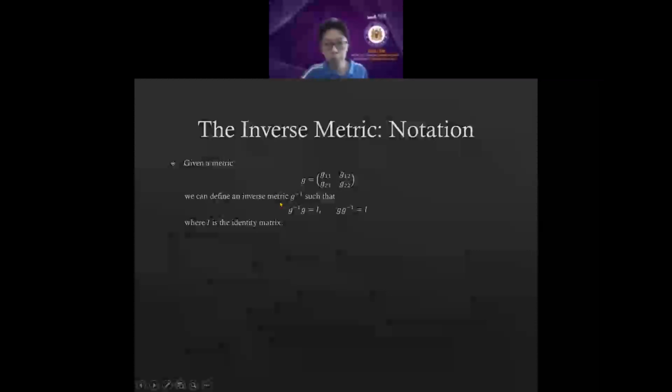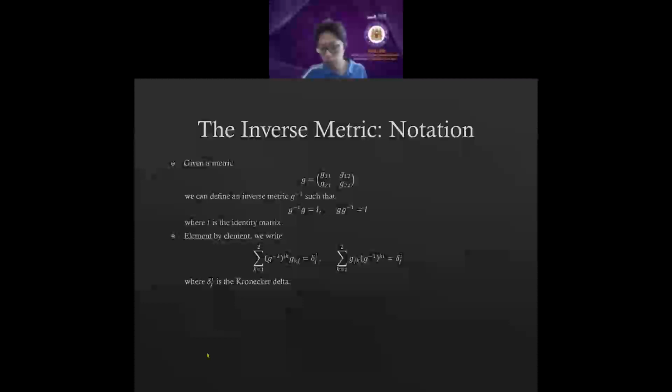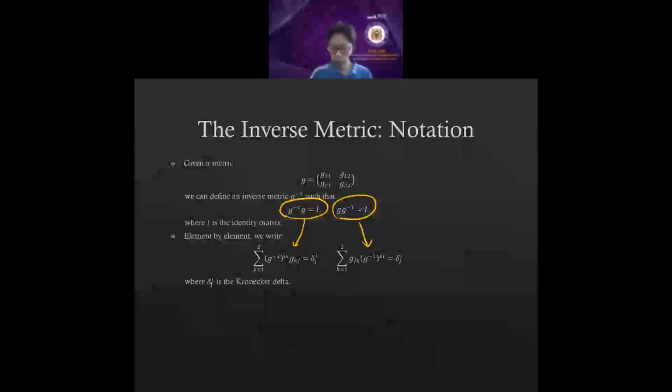If we now consider element by element, we can write that the element of the first equation is going to satisfy this first equation, whereas the element of the second equation is going to satisfy the second equation, where this delta ij is the Kronecker delta.